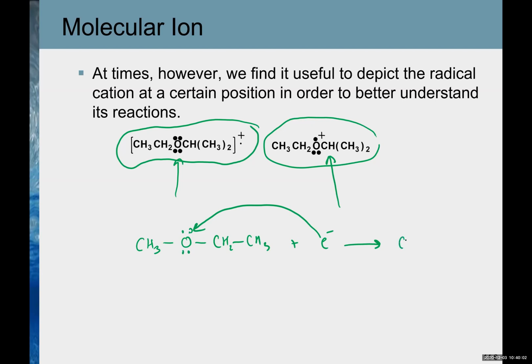So in that case, you can show the structure like that, because you know. Or if you still have any doubt, you can simply show it like that. Both are correct. Both ways of showing the molecular ion are correct.